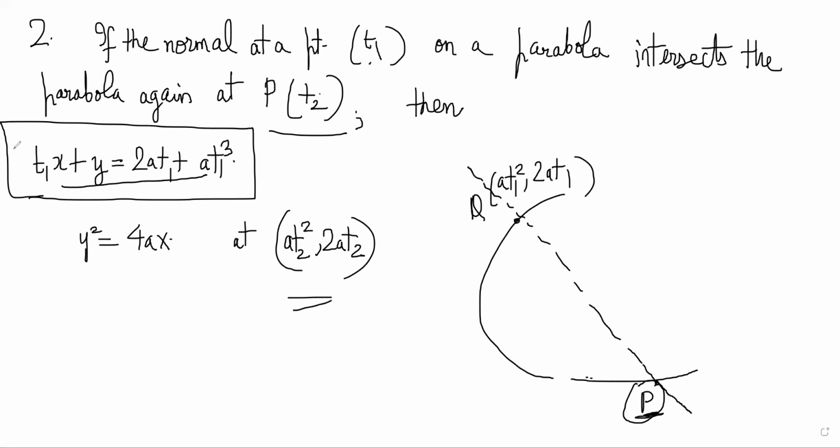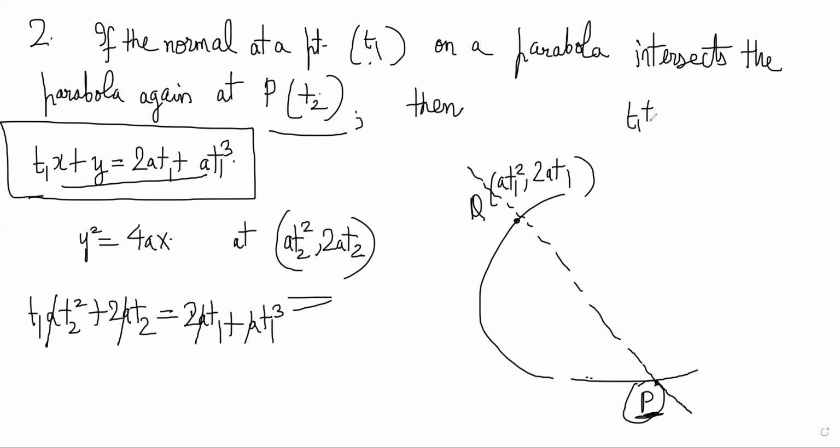So if you put that there, you'll get t1 at2 square plus 2at2 is equal to 2at1 plus at1 cube. So this is a t1 t2 square. A cancels everywhere, and you are getting t1 t2 square plus 2t2 is equal to 2t1 plus t1 cube, right?